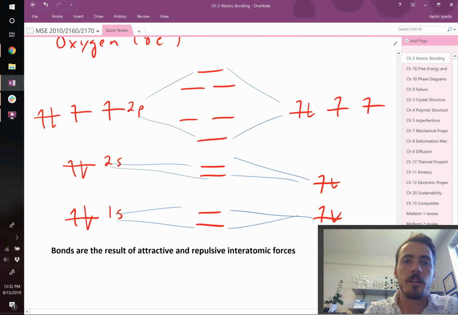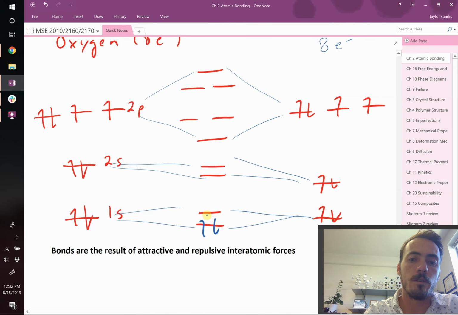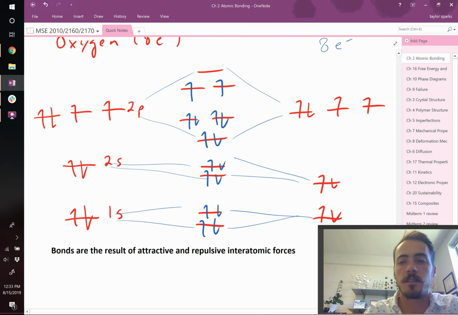We've got 8 electrons from each oxygen, right? This guy had 8 electrons and this guy had 8 electrons. So let's start filling them up. We're going to go 1, 2, 3, 4, 5, 6, 7, 8, 9, 10, 11, 12, 13, 14, 15, 16. Okay? Now overall, if this is like where the average energy was before, we actually have more of our electrons occupying a lower energy level, right?